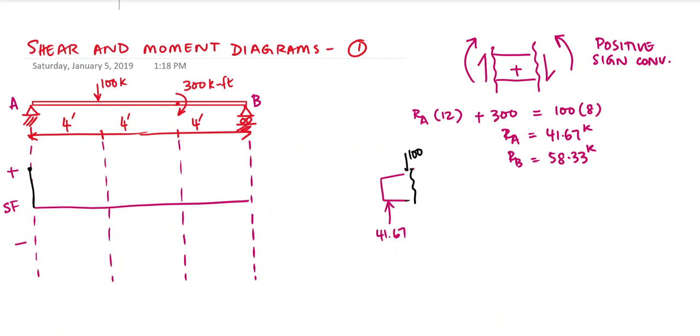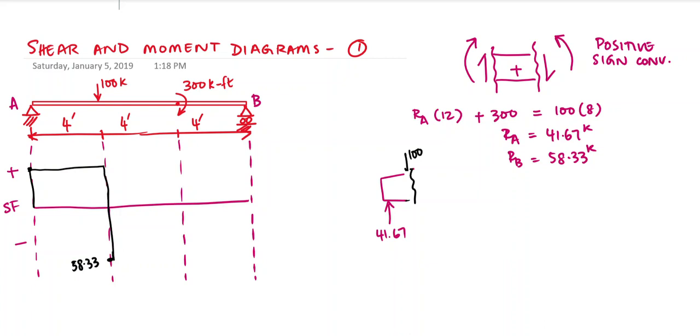Acting up to the right of the cut is negative, so you have 58.33 kips negative here in your shear force diagram. Because there is nothing happening between A and the point load, you can do that. Then you can do this.